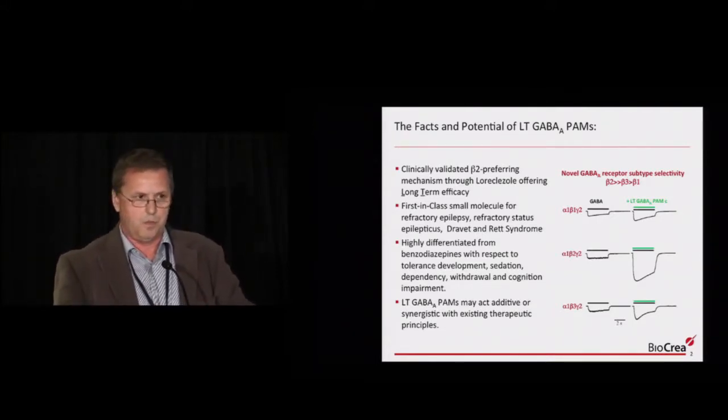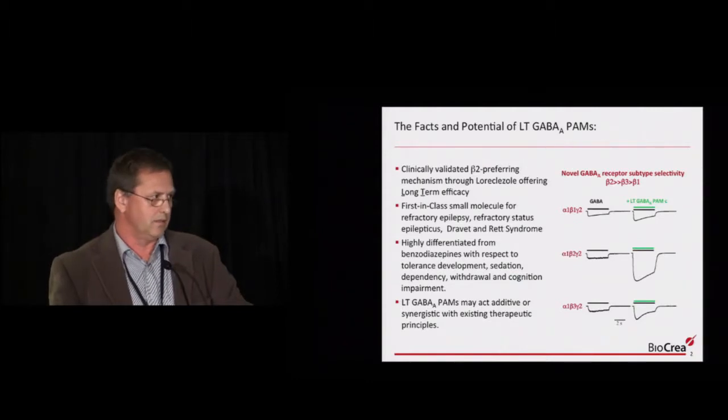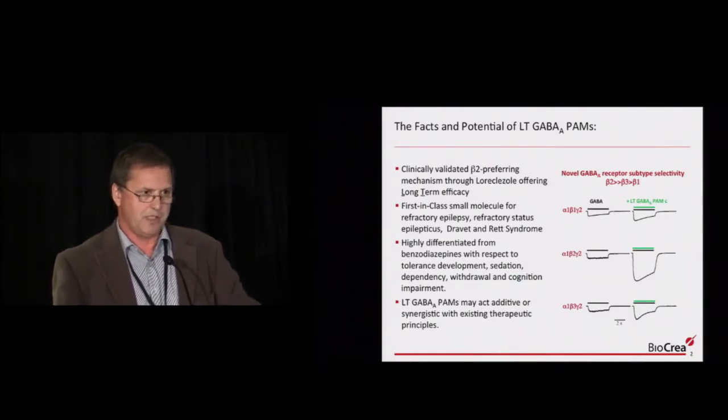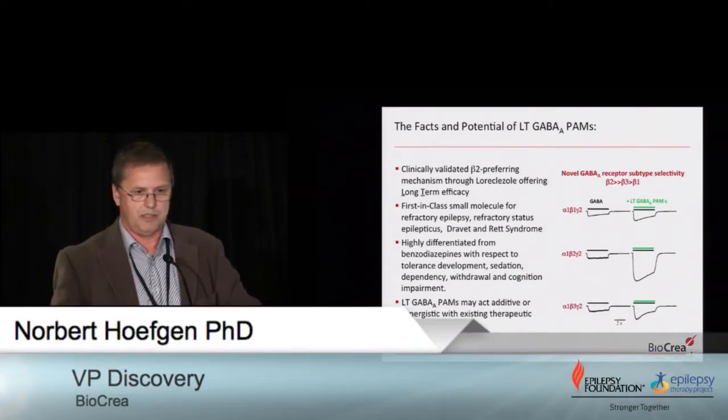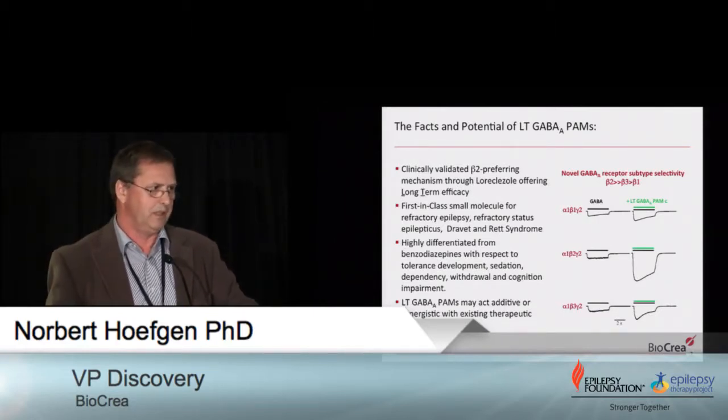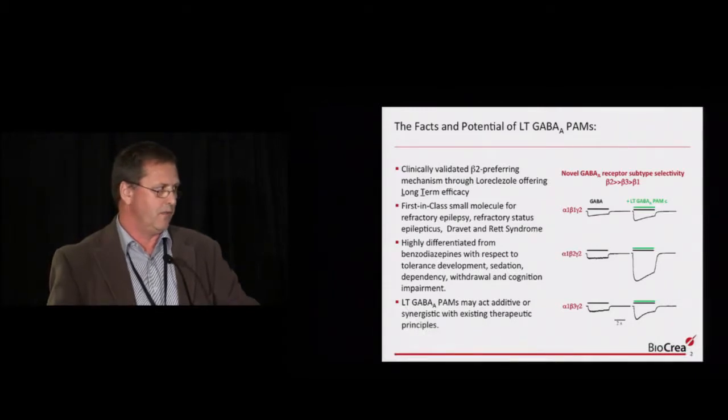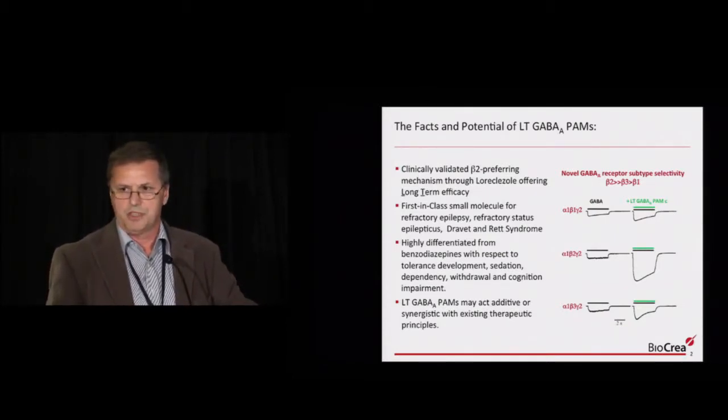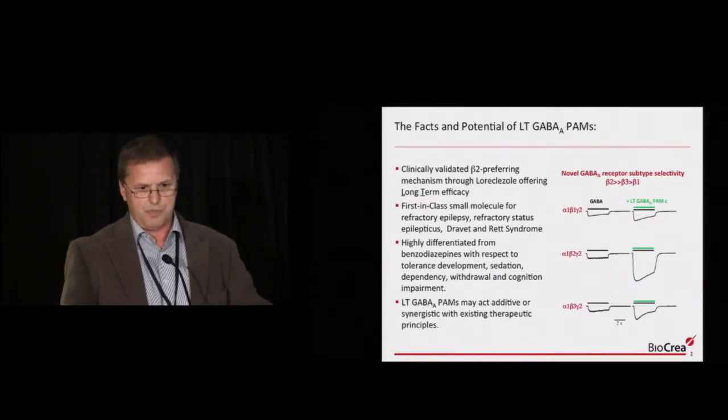The question is what clinical picture you could expect from this type of subtype selectivity. Going back roughly 20 years, we found some clinical validation already for this type of selectivity, which is linked to loreclezole, an old drug which was in clinical development in the 90s with successful proof of concept studies.